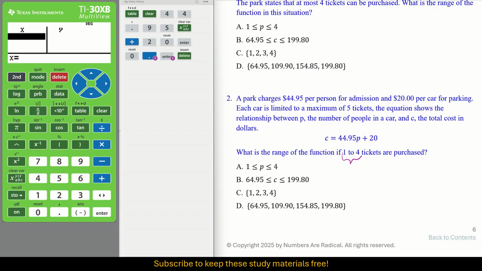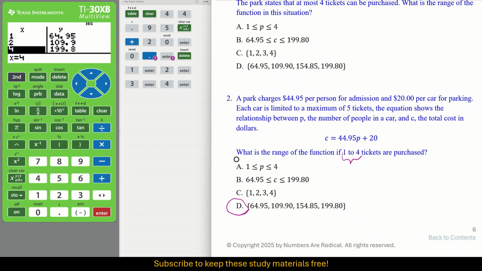That's all we have. So we can push 1 and 2 and 3, and that verifies the first 3 numbers. The problem is I only have 3 lines, so just type 4 and type over the last one. You can do it any way you want to, but that has verified that the numbers we have for option D are correct, okay? And that is our range, which is what we were looking for.